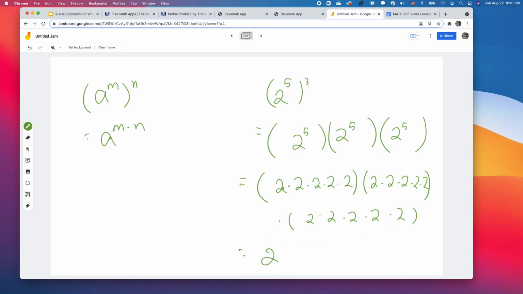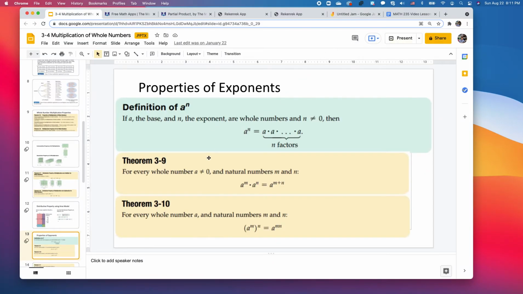So all together, I have 5, 10, 15. I have 15. How did I get that? I knew that there are 3 groups of 5 factors. So 3 groups of 5 factors, or 5 times 3. Okay? So power over power, you multiply the exponents. Okay? What's next?